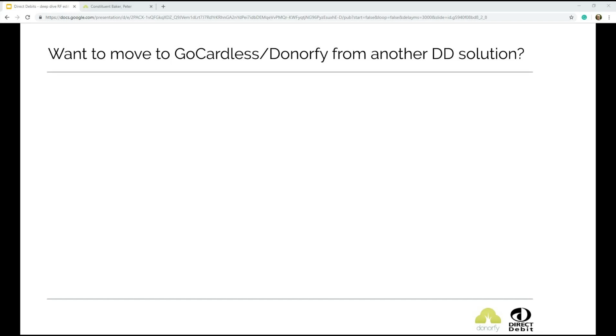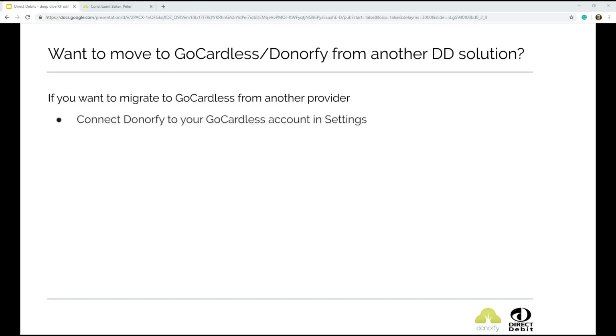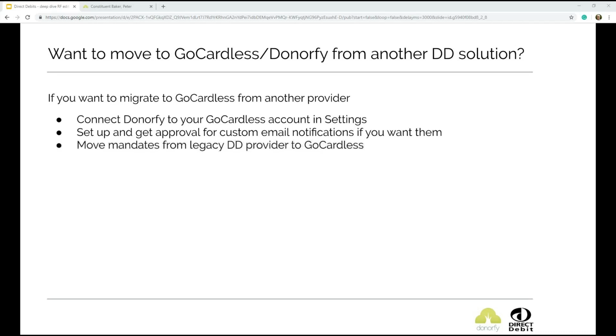So maybe you're thinking GoCardless is great and you've already got another direct debit solution happening. It is possible to migrate from another provider. Again, you'll need to set up an account with GoCardless and connect it to Donorfy. You'll again need to get approval for your custom notifications. And then you'll need to move the mandates from your legacy direct debit provider to GoCardless.